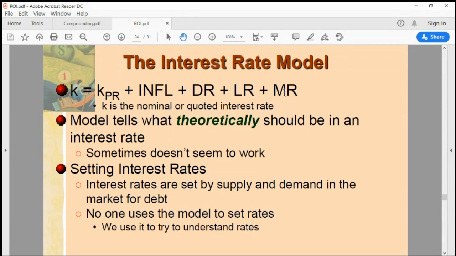It's hard to tell. I mean, maturity risk is probably easy to tell, because after accounting for pure return, inflation, default risk, whatever remains, if this is a long-term, like 10-year loan or 10-year bond, the difference between the short-term bond return and whatever is remaining is the maturity risk premium.